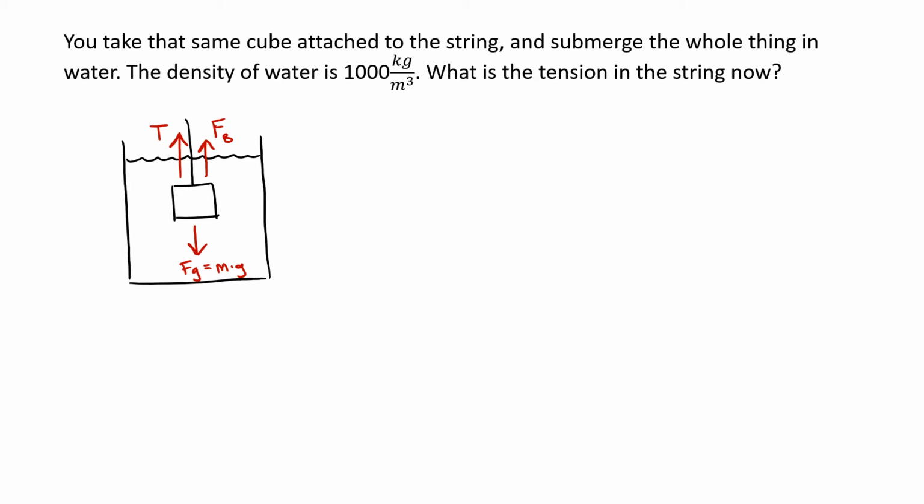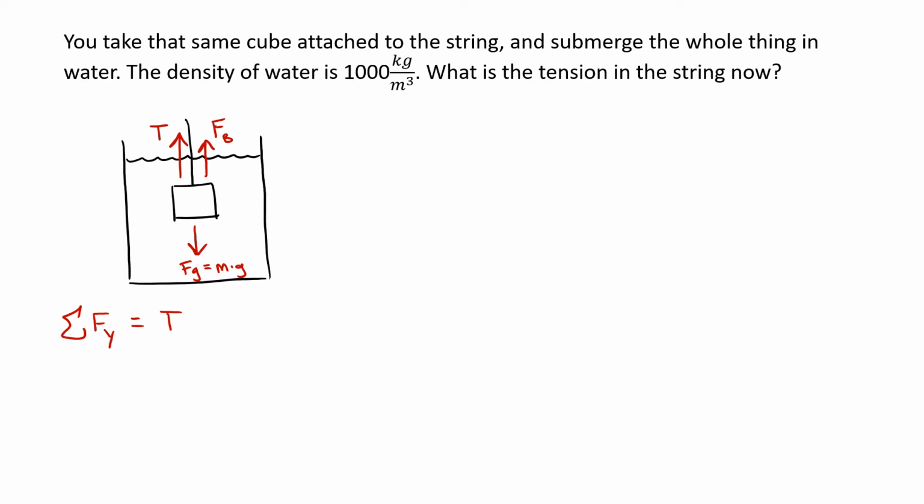So we can sum the forces again. Let's figure out what we need to do. I'm going to sum the forces in the y direction, in the vertical direction, and now I'm going to list all of the forces. Everything that's pointing upward is positive. Start out with tension, that's pointing up, positive.